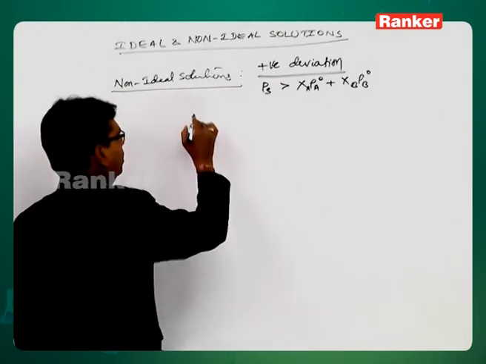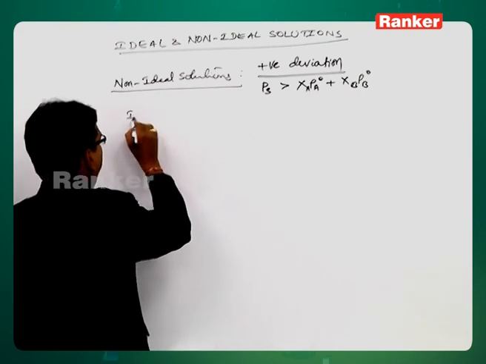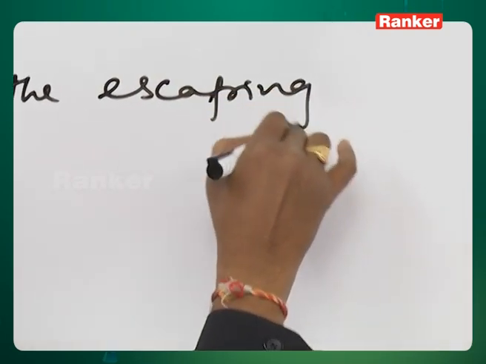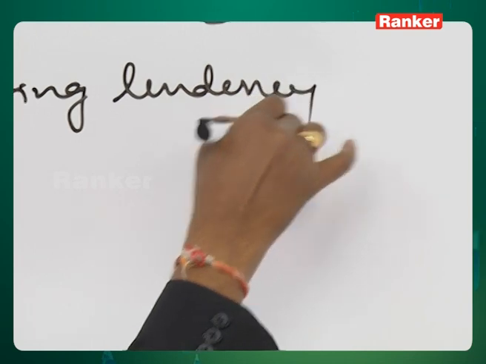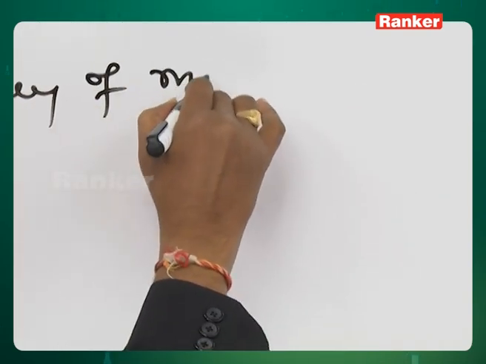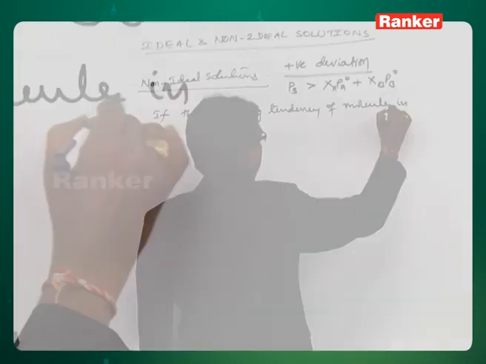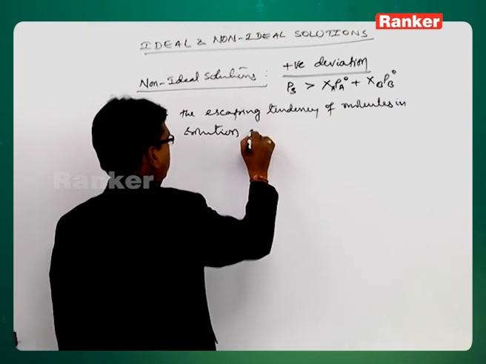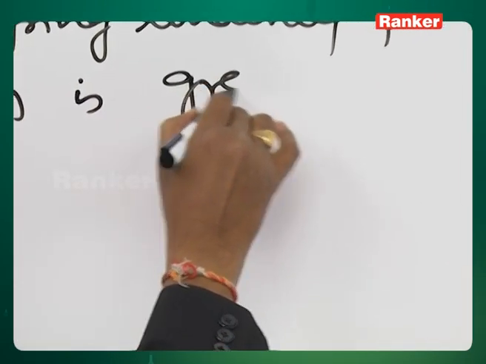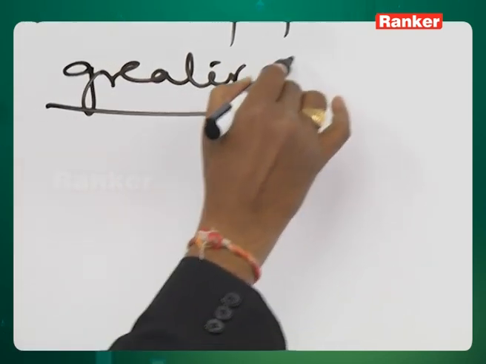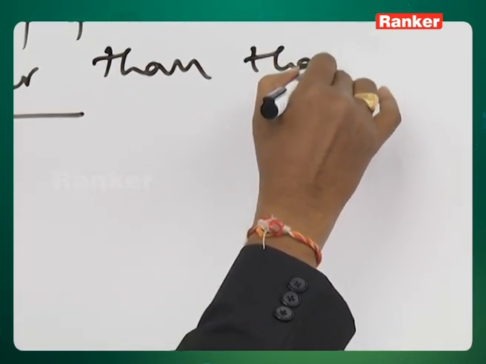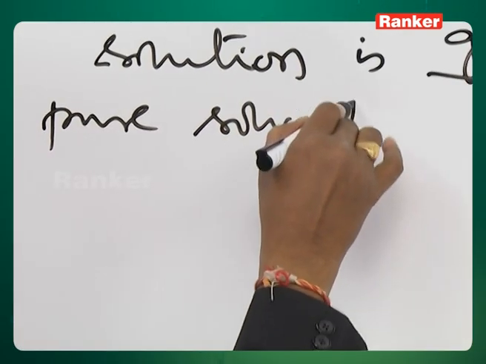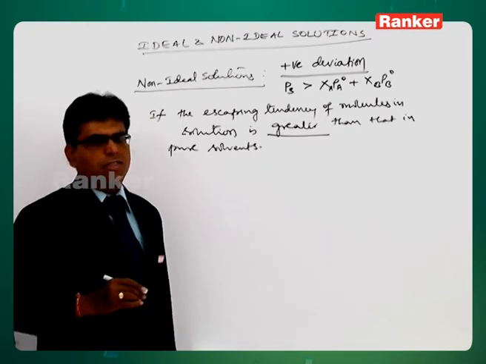So, basically the meaning is that it happens if the escaping tendency of molecules in solution is greater than that in pure solvents. Escaping tendency is more.